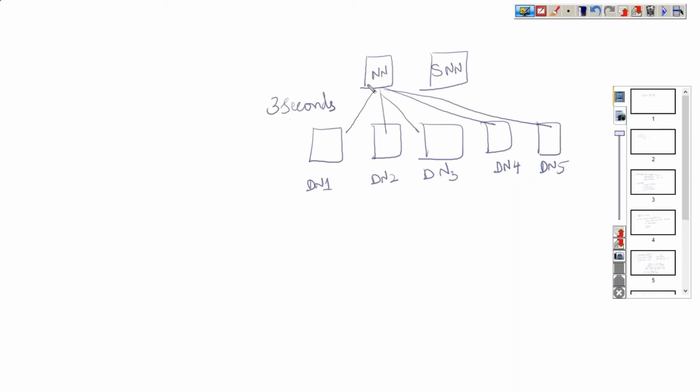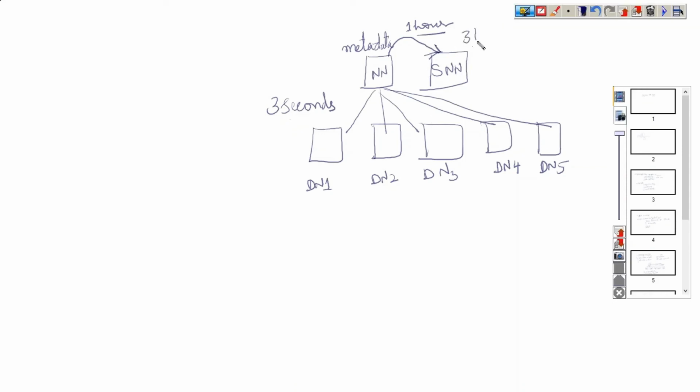Now, what this name node does is, every 1 hour, whatever metadata it has, that entire metadata is going to be copied into the secondary name node.